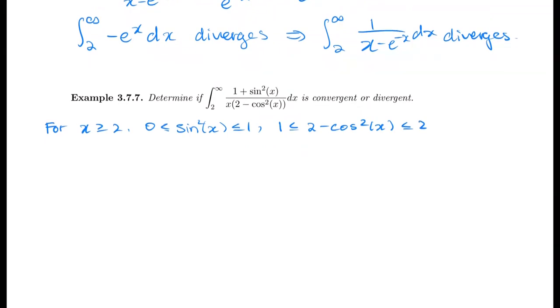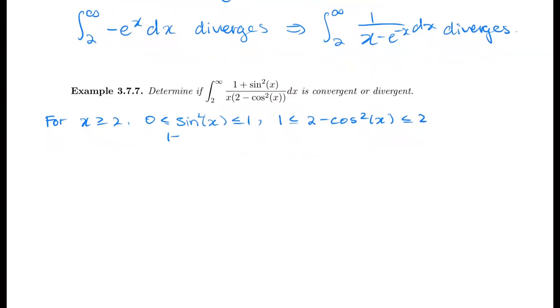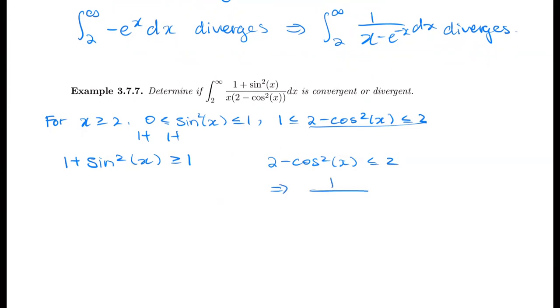So what that also means is if we add 1 to this side, we have 1 plus sine squared of x is greater than or equal to 1. But as for the bottom, we're only interested in this part here: 2 minus cos squared of x is less than or equal to 2. So if we take the reciprocal of this, we get 1 divided by 2 minus cos squared of x, which is greater than or equal to 1 over 2.